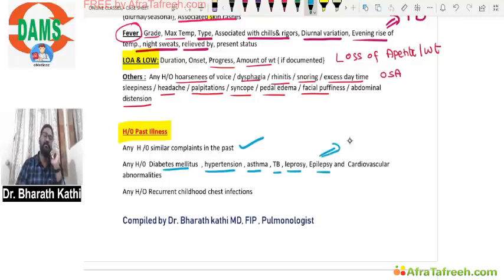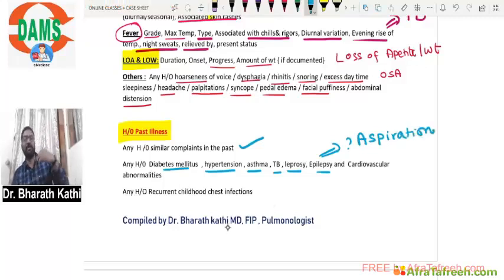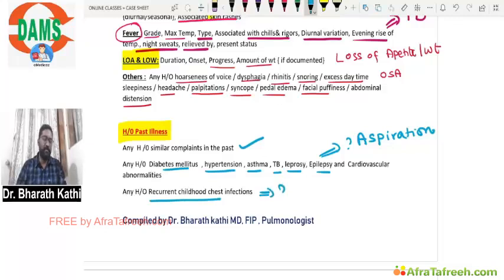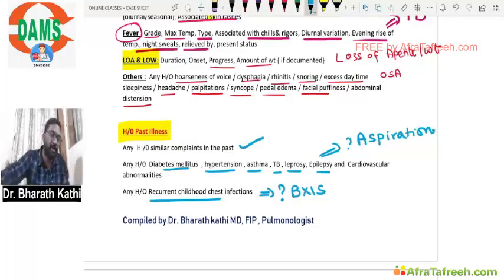So why is epilepsy very important? Because epileptic patients can develop aspiration or any cardiovascular abnormalities. Did the patient have any congenital heart disease and any recurrent childhood chest infections? Why should one ask about recurrent childhood chest infections in past illness? Because of bronchiectasis. Now there is a patient with bronchiectasis; this childhood chest infection might be responsible for bronchiectasis.